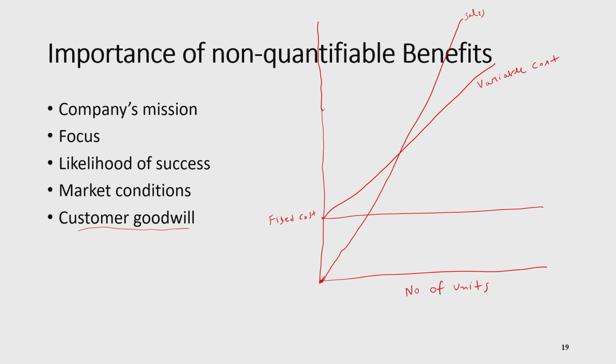So this is the sales line, and it cuts the total cost line at this point. Where this point is cutting, that is the break even point, BE. Till here there is a loss, and beyond it there is profit, because you are making more than the break even point.